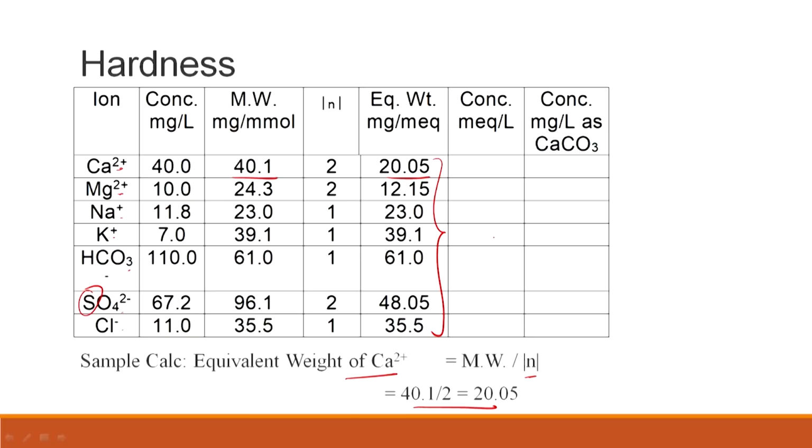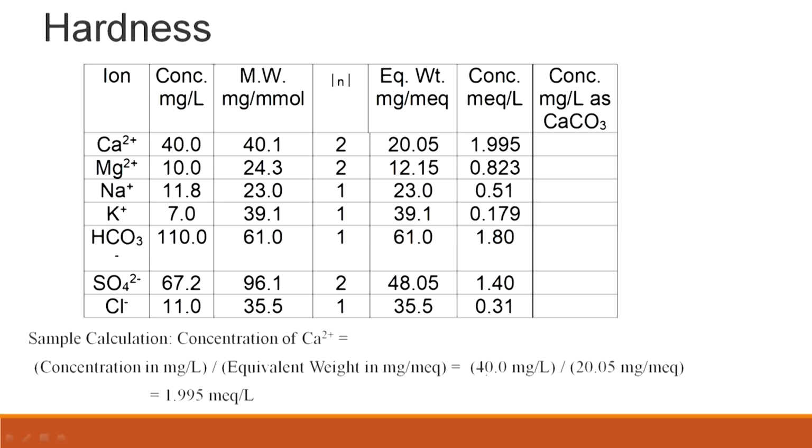And then concentration in equivalents per liter, that's obviously pretty straightforward here. We have the units in milligrams of Ca2+, let's say 40 milligrams of Ca2+ per 1 liter of water, right?